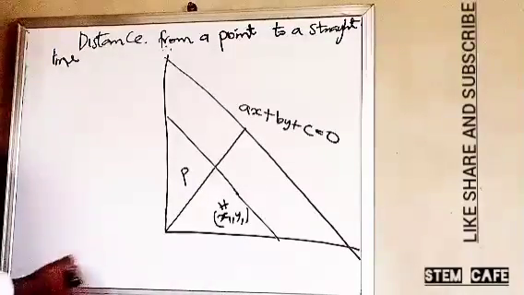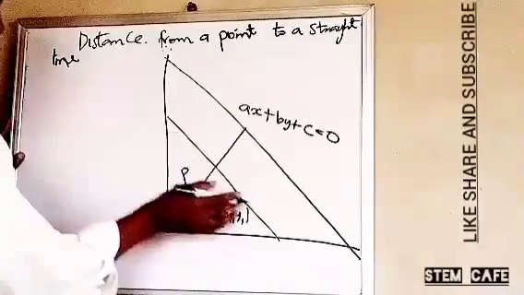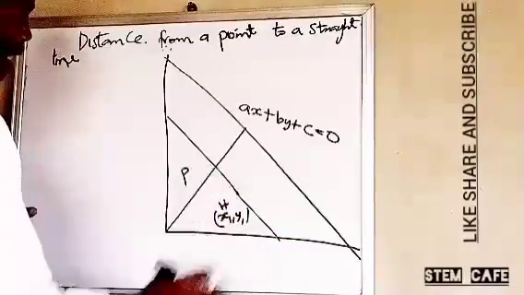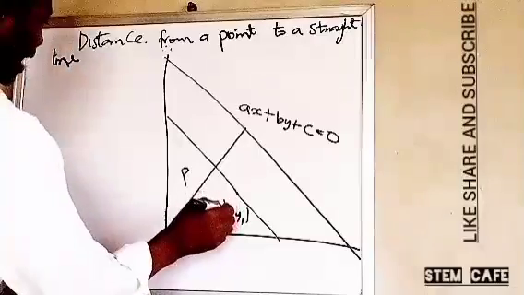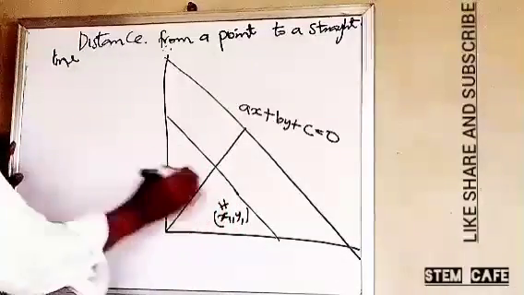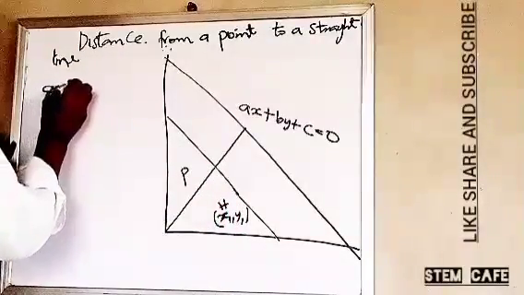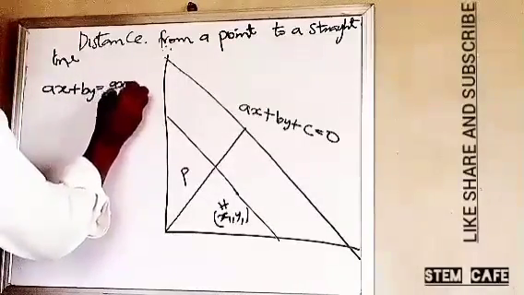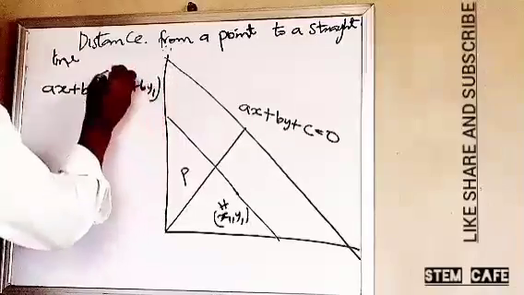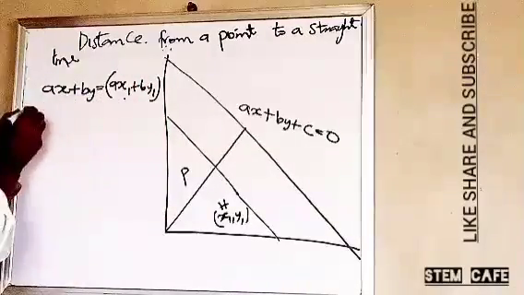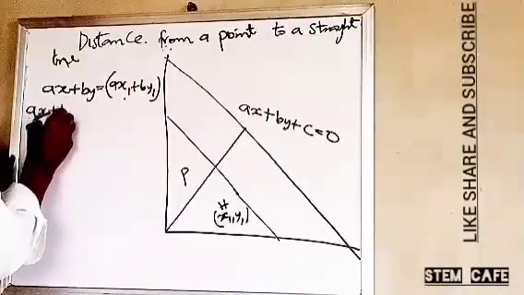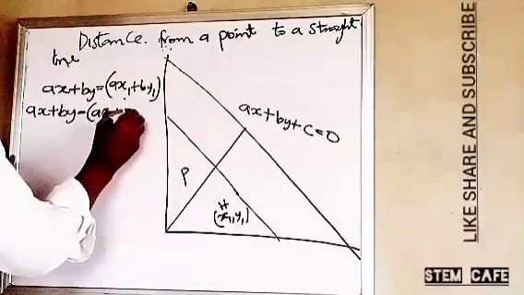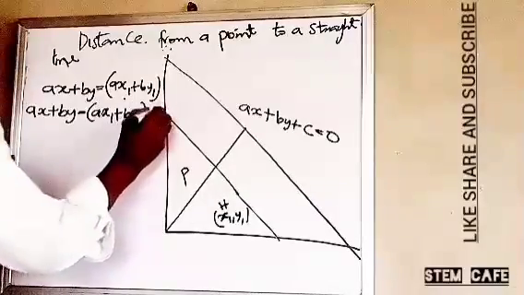From our initial section, we have discovered how to get the equation of this parallel line. We have x1, y1 as our coordinates. So the equation of this line here, as we said, will be ax plus by equal to ax1 plus by1. So the equation in general form is ax plus by minus (ax1 plus by1) is equal to 0.